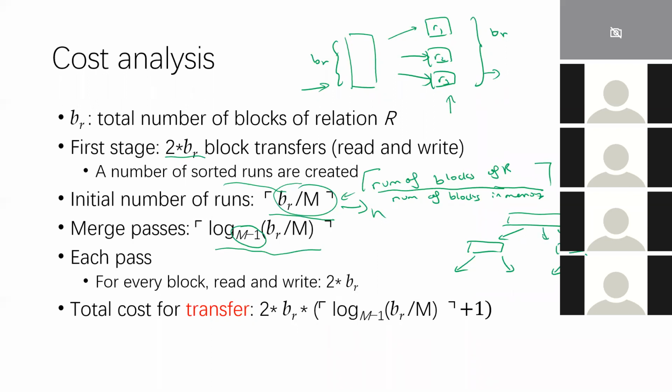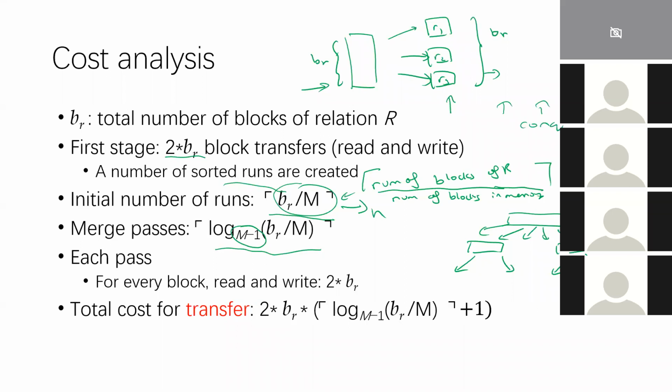So the M minus 1 number of arrows pointing out of here means it goes down exponentially by a factor of M minus 1. If it goes down exponentially by that, it means the base of my log will be M minus 1.